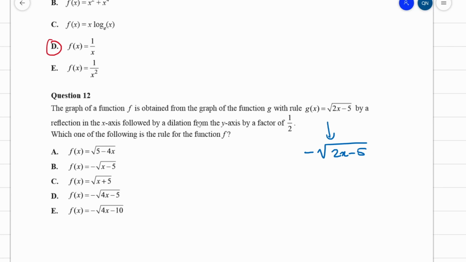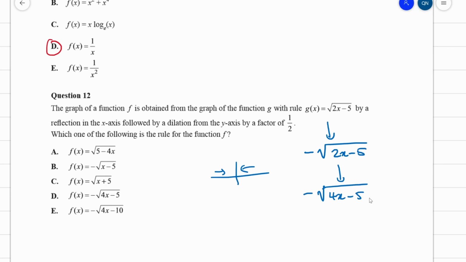And then we have a dilation from the y-axis by a factor of a half. If you dilate from the y-axis by a factor of a half, you replace x with 2x. Because if you dilate from the y-axis by a half, you're changing your x values. In particular, you have to replace x with 2x, so that's going to be 4x, and then minus 5.